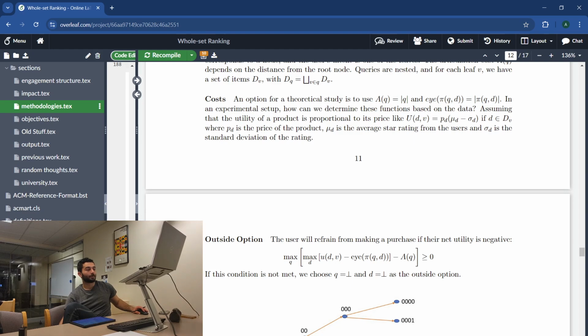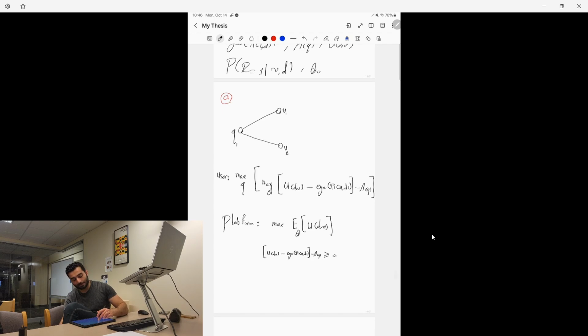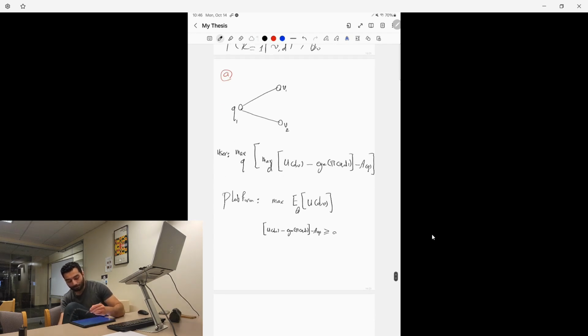And one other thing we want to say is, what is this platform? The platform is... and if D is empty, then platform gets 0, right? It is theta Vi.